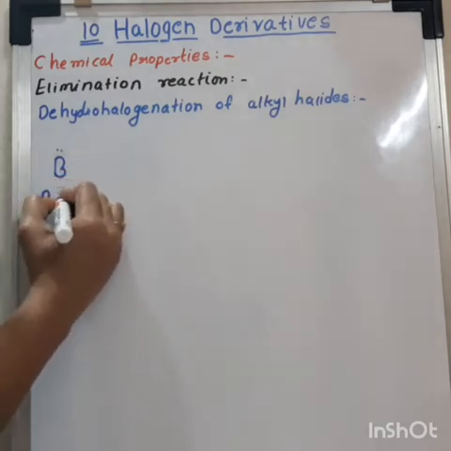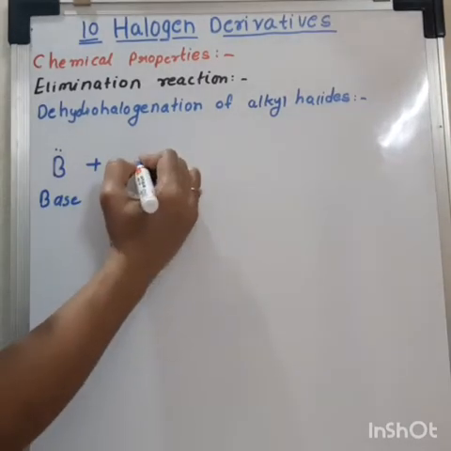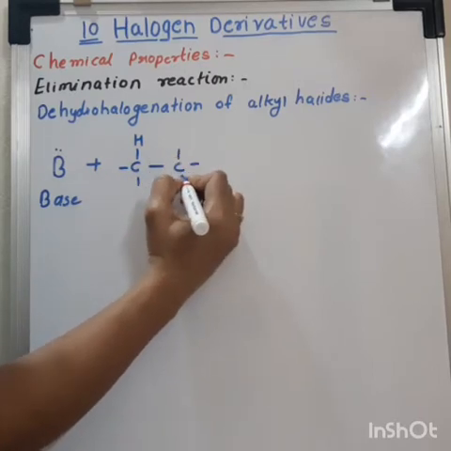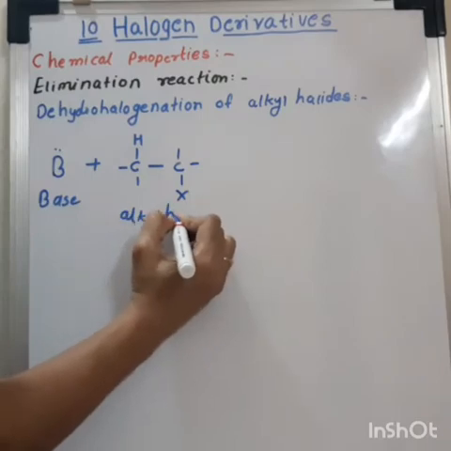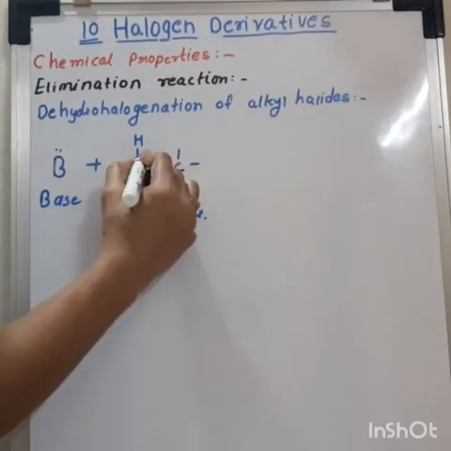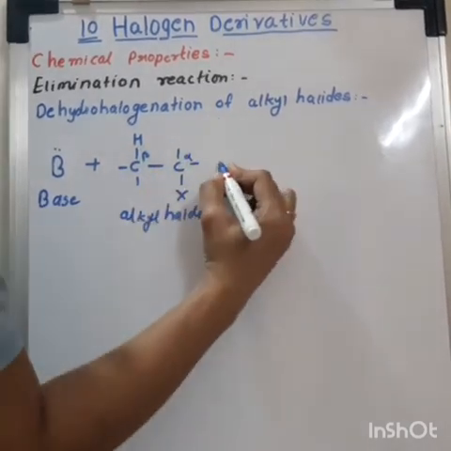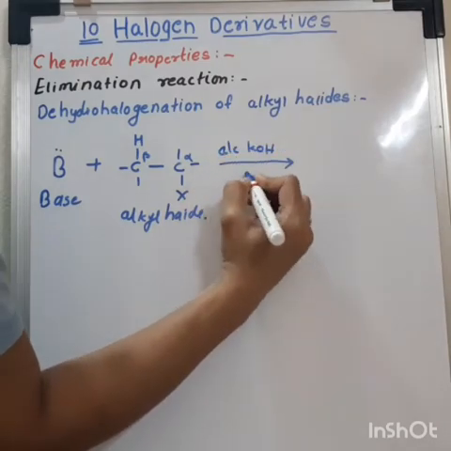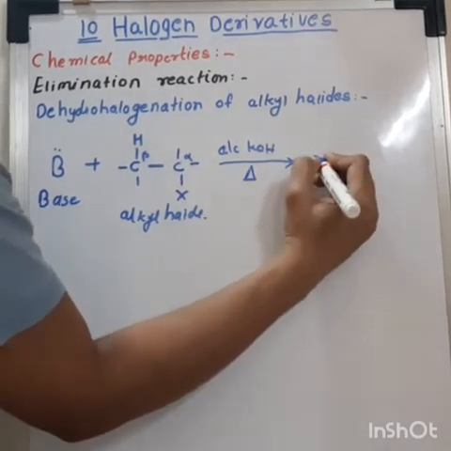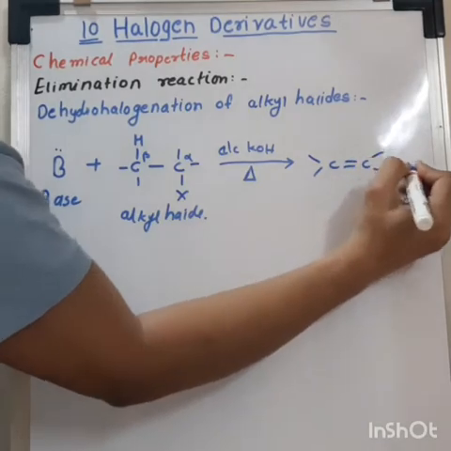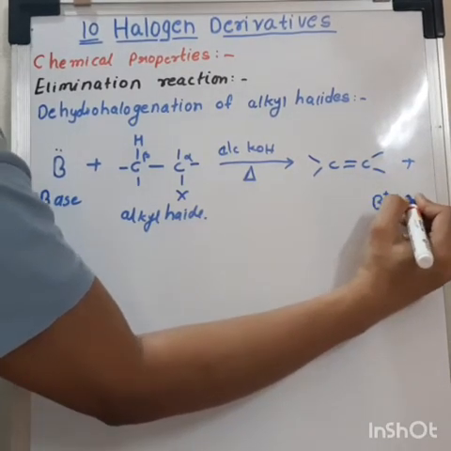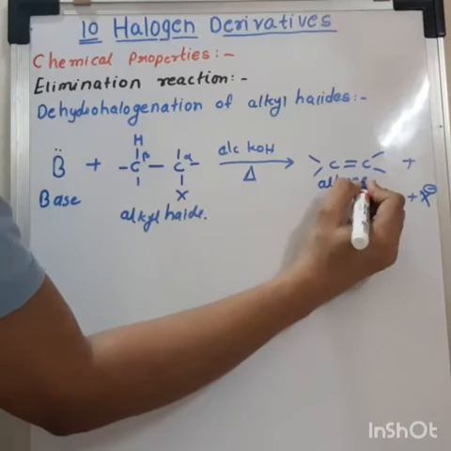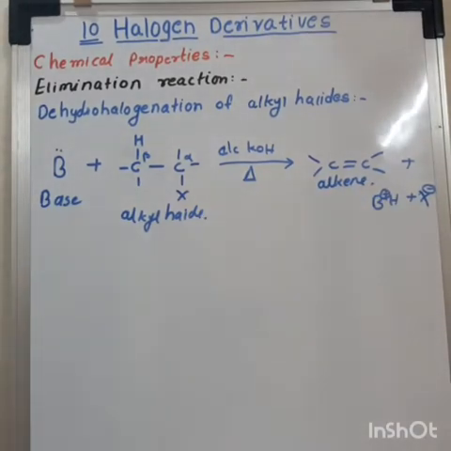In this, base plus an alkyl halide having at least one beta hydrogen atom, when boiled with alcoholic potassium hydroxide, gives alkene plus B plus H plus X minus. So this is the general reaction of dehydrohalogenation of alkyl halides.